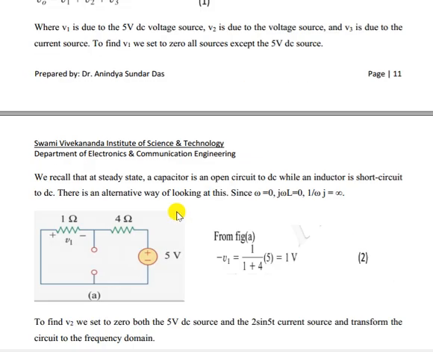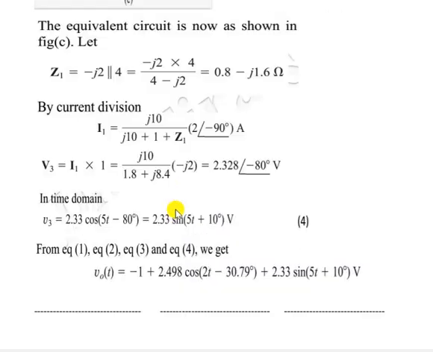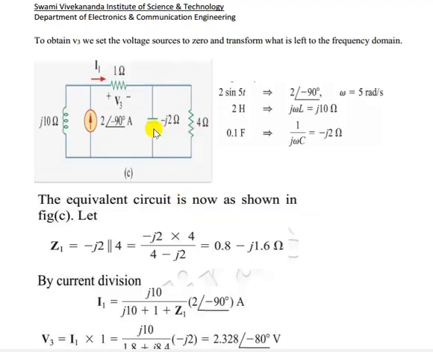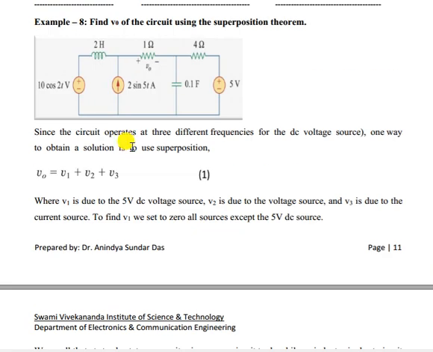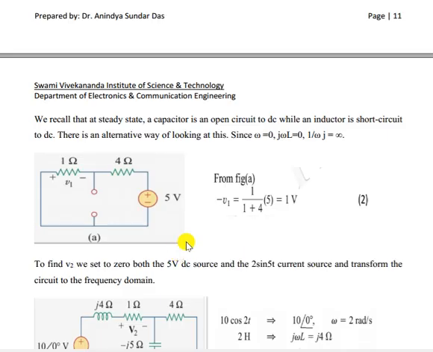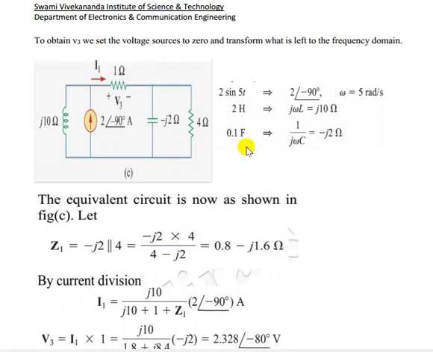So 4 ohm in parallel with 0.1 farad capacitor. Similarly, here it is given as 2 sin t, that means that is cos 5t minus 90 degree. That is why it is written as 2 at an angle minus 90 degree. So omega equal to 5 now, as it is 5t.